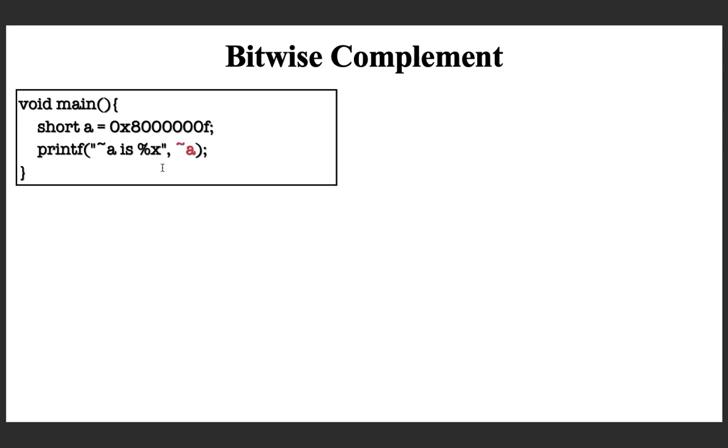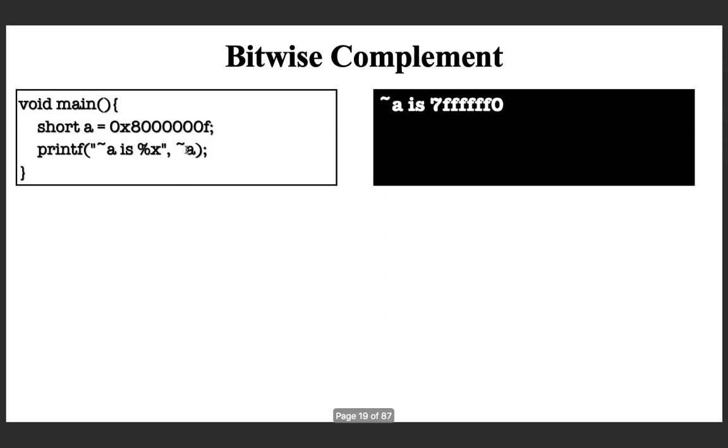That means you just print the complement of A, and if you execute it you will get this output. The complement of A is printed as a hexadecimal value, and you don't have to worry about how it is computed, that I am going to explain.